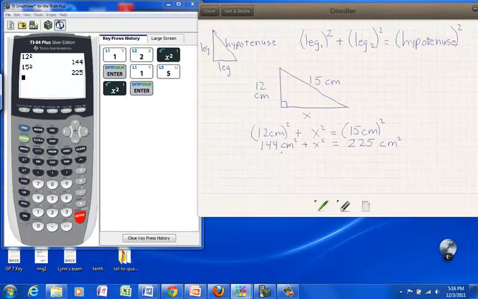Now to solve for x squared, we want to subtract 144 square centimeters from both sides. So x squared would be 225 centimeters squared minus 144 centimeters squared.